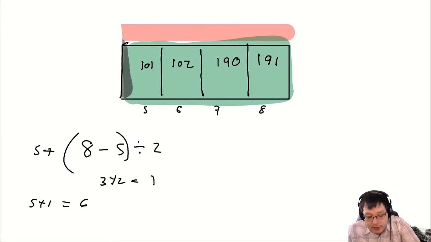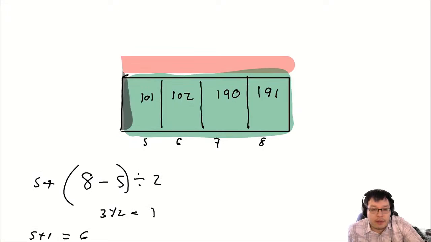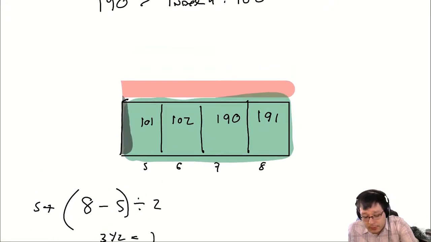If you do the exact division here, it's 1.5, so really the middle is 6.5, which is technically right in the middle, but that's not an index, right? So you have to stick with one side and be consistent about it. The way you can be consistent is by doing the integer division, which rounds down, as I said. So, okay, we went ahead and did that, and we've landed here.